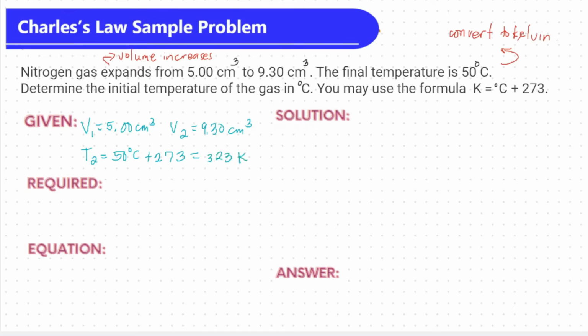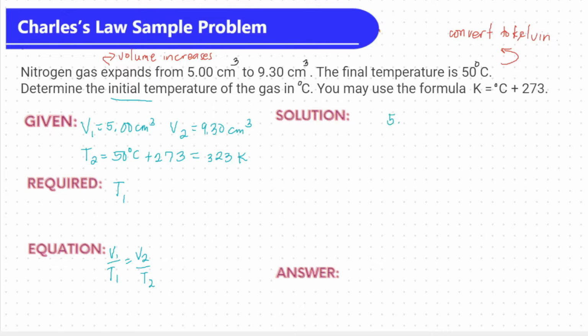We are looking for T1. Sabi nga sa question, determine the initial temperature. For our equation, we will use V1 over T1 is equal to V2 over T2. That is the mathematical equation of Charles' law.